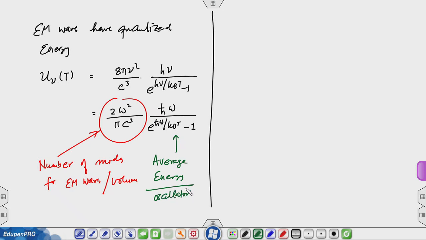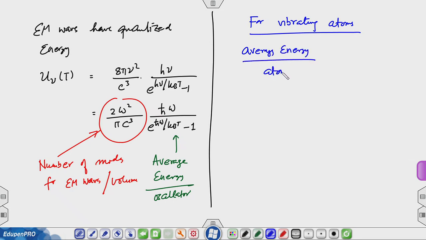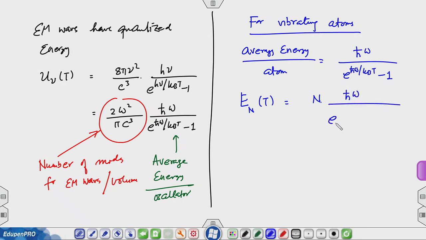In exactly the same manner, what we are saying now is that for vibrating atoms, the average energy per atom is equal to h cross omega over e raised to h cross omega over k B T minus 1, and therefore, E for N atoms is N h cross omega over e raised to h cross omega over k B T minus 1.